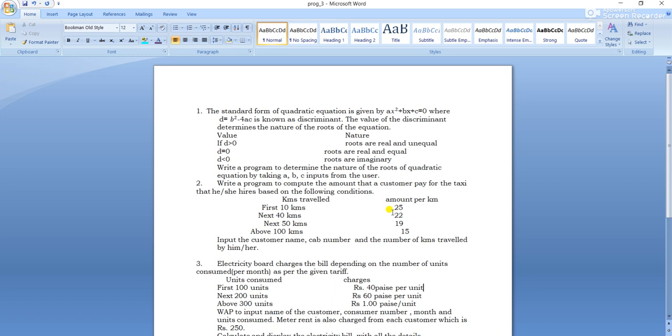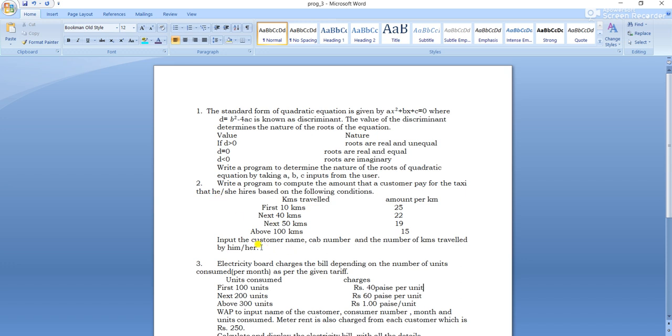First 10 kilometers they charge 25 rupees per kilometer, and next 40 kilometers rupees 22, next 50 kilometers rupees 19, above 100 it charges 15 rupees per kilometer. So these are the different slabs, and we need to input customer name and cab number also, and number of kilometers traveled. And using this, finally we need to calculate how much fare has to be paid by him or her. This is the question.